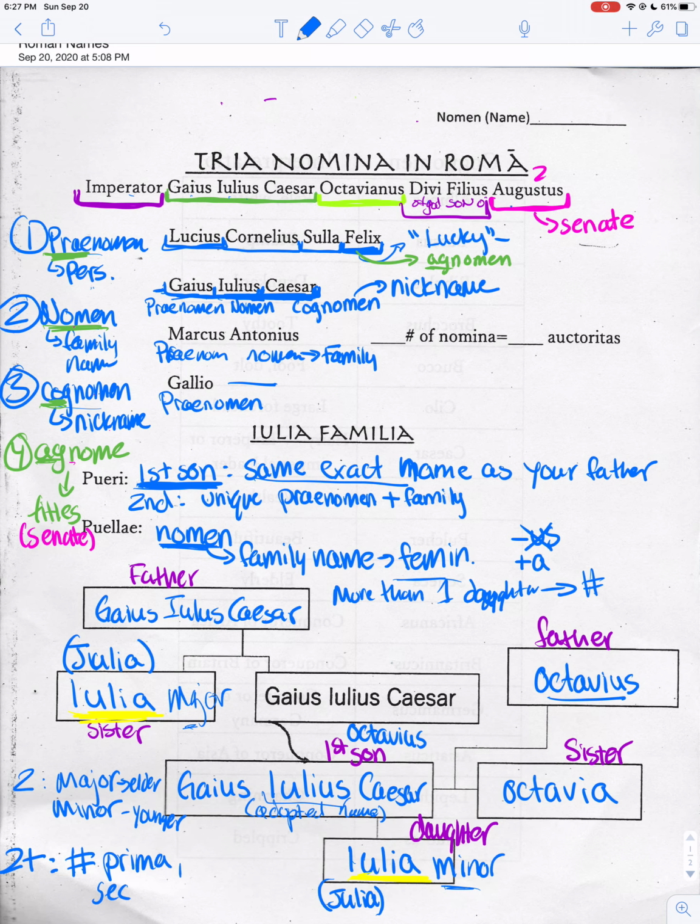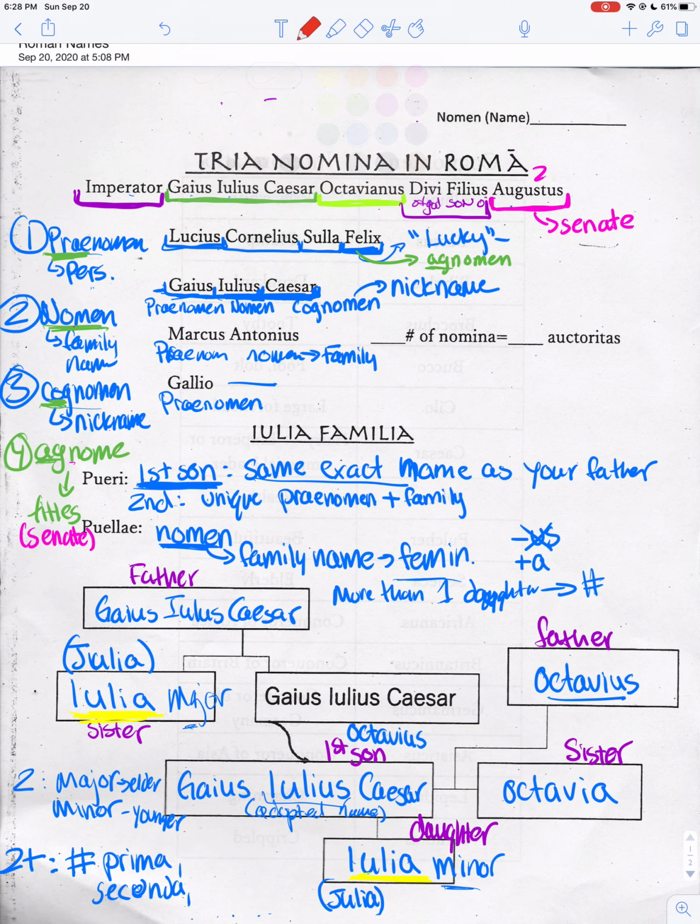So prima, secunda, and so on. You just number them 1, 2, 3, 4, 5, however many daughters you had. So if you had 6 daughters, you would number them 1 through 6. And that's how you knew who you were talking about if you were talking about any of your daughters.